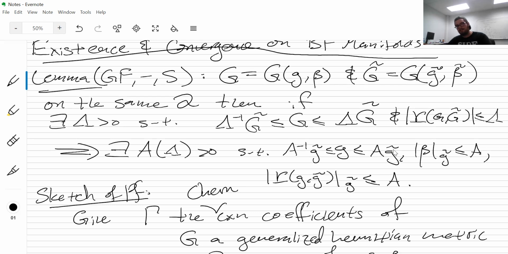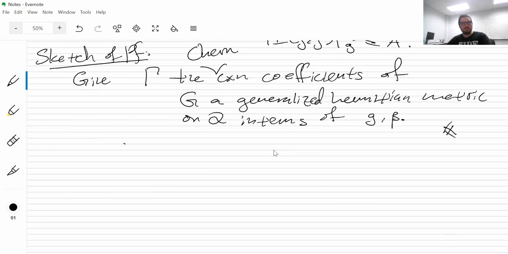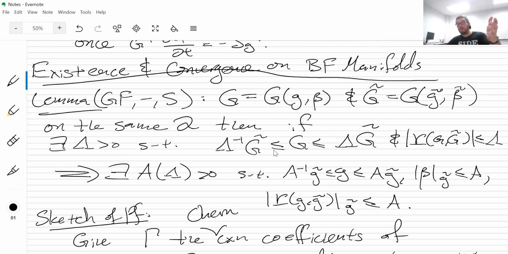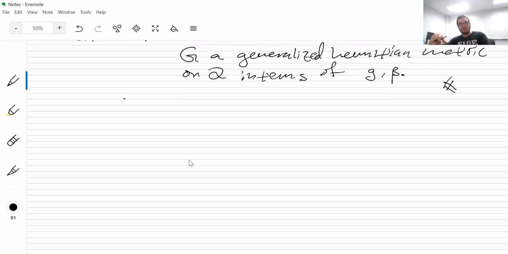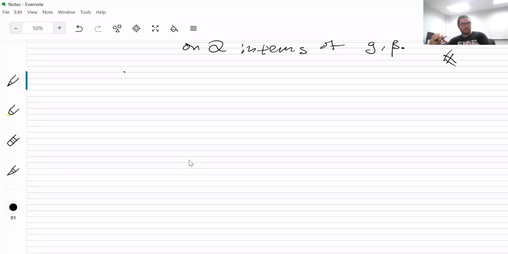So you can get bounds on little g inverse, which imply bounds on G. Okay, so this is why I've been talking about evolution equations for these generalized Hermitian metrics instead of our pluriclosed metric on a base manifold.